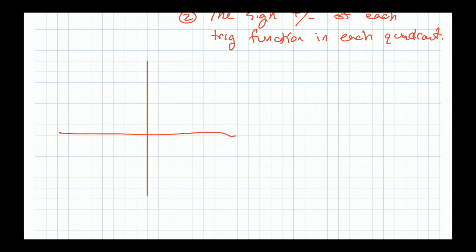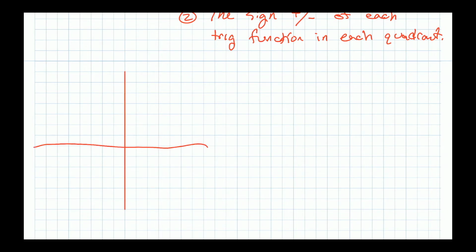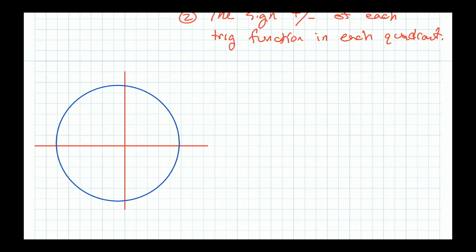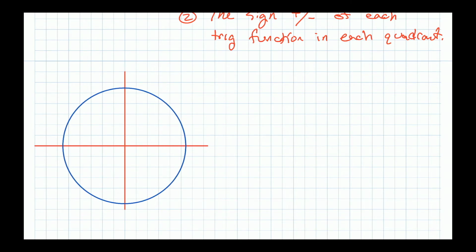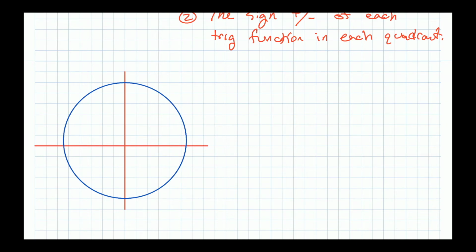Oh man, I'm gonna delete that because I want it. No, that's not what I wanted. Okay, good enough. Now what I need is a unit circle, so I will draw that. Oh man, how come it does that?